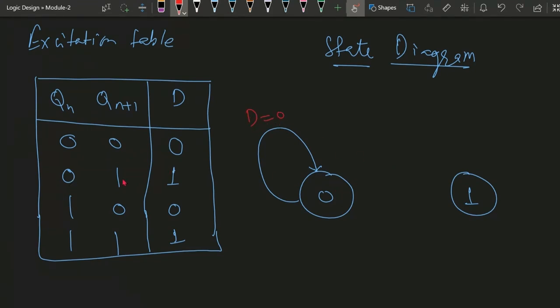When it changes from 0 to 1, the D value is 1. When it changes from 1 to 0, D should be 0. Again, when it stays from 1 to 1 itself, the D value should be 1. So this is the state diagram in case of D flip flop.